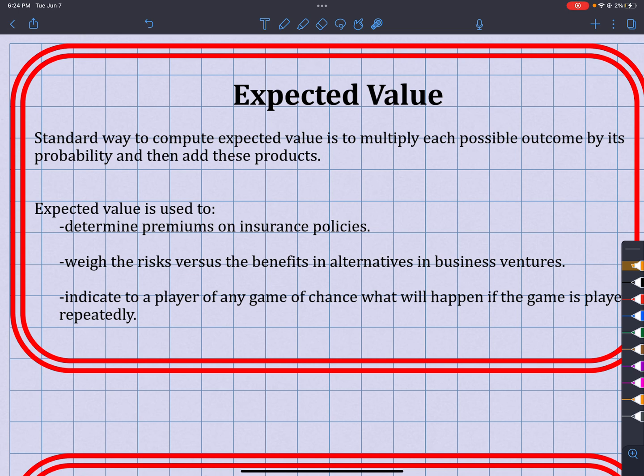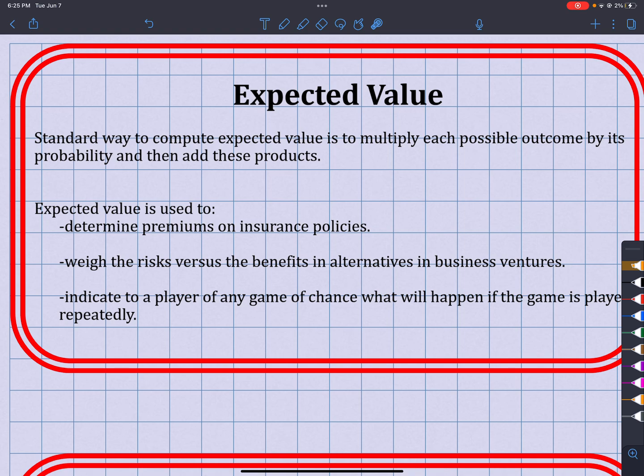It may also be losses. So you multiply the outcome by the probability, it could be the possibility of winning, and the possibility of losing. Okay, so that's what expected values are, and that's how your insurance policies are determined.